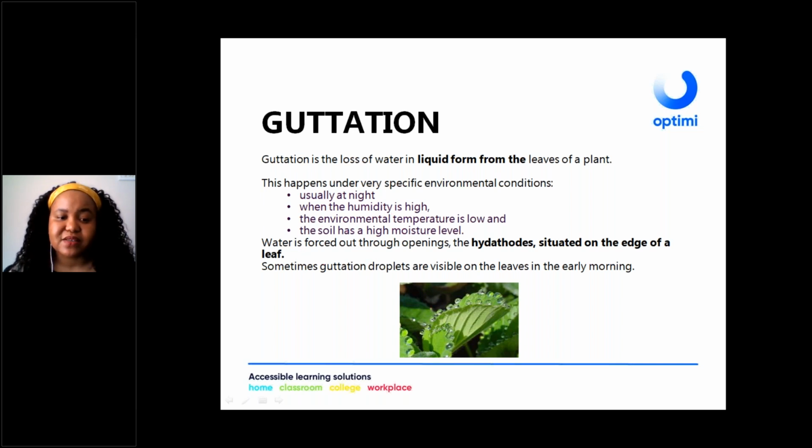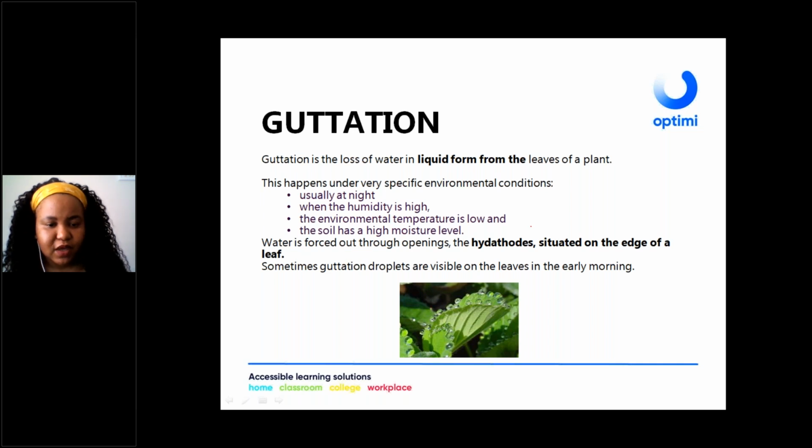Guttation also happens when environmental temperature is low. Another difference from transpiration, which is increased by a rise in temperature. So guttation increases with low temperatures.